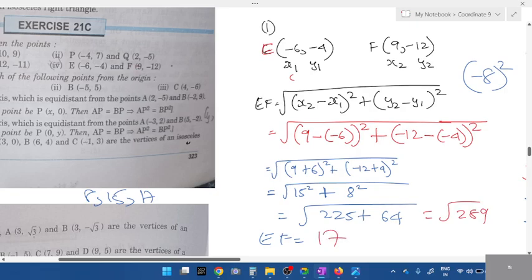Is anything given here? Centimeter, meter? Then you have to write units, students. What is centimeter and meter? Units only, right?